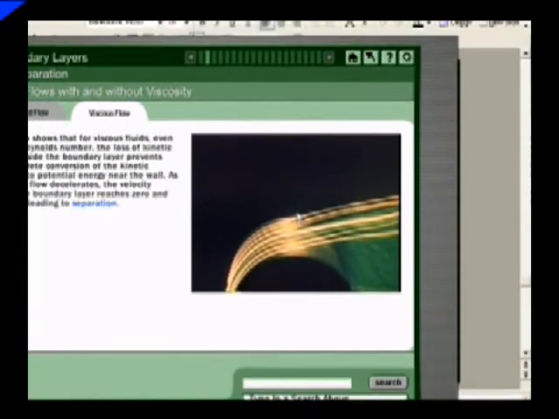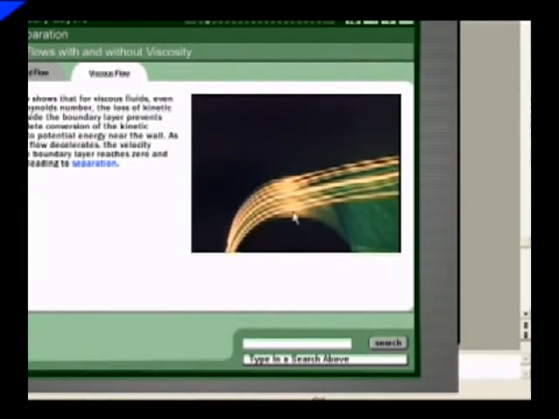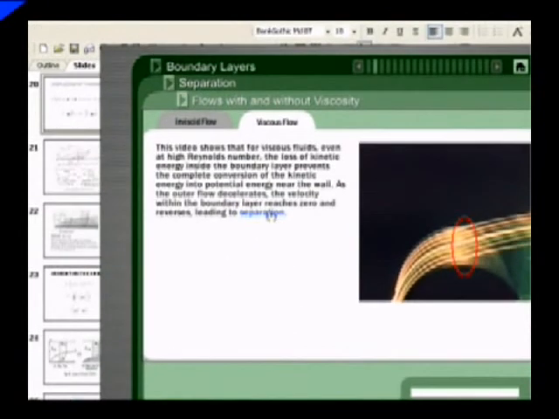This is the location where we have separation. Here the boundary layer gets separated, or the fluid is said to have separated from the boundary. Because of the separation, on the right hand side the pressure recovery is not achieved, because kinetic energy was supposed to be converted into pressure energy, but it is not being converted. So on the right hand side we have a different pressure than the left hand side, and because of this situation we have a very large force.